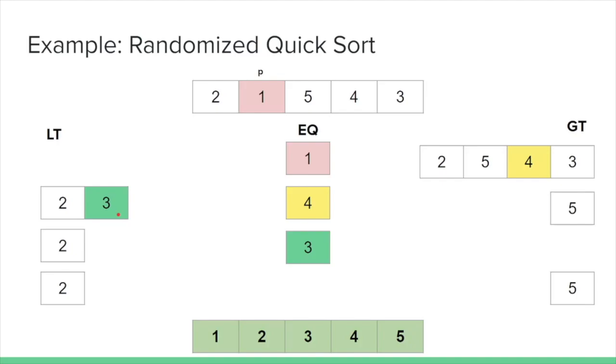So again, we'll choose a randomly picked pivot. So let's just go with 3 as the randomly picked pivot. So it'll compare the 2 numbers again and sort them into the lists accordingly. So 2 will be less than 3, so it'll go into the less than list, and 3 will go into equals here.